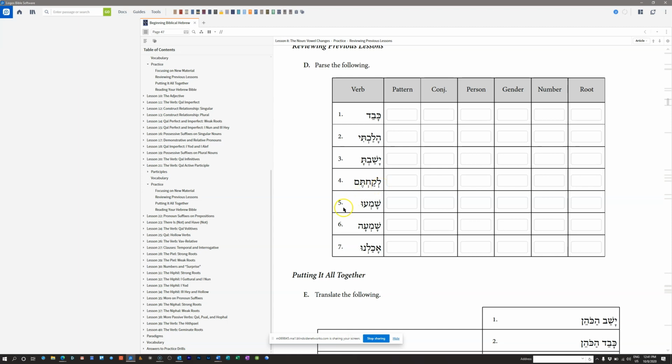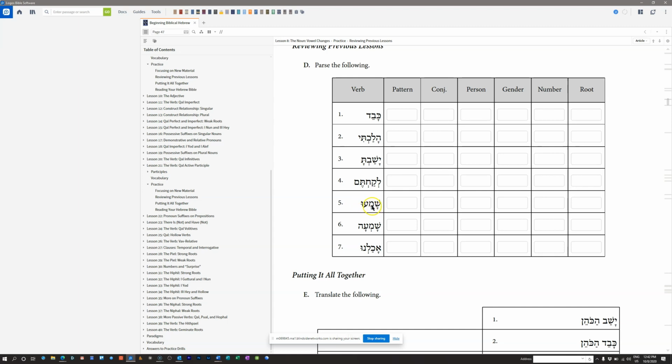All right. Number 5, I think I covered that this was the 2MP suffix here, tem, and that comes from atem. All right, number 5, we've got shamu. This is shama, the root, with our 3CP suffix, just the shureq here.